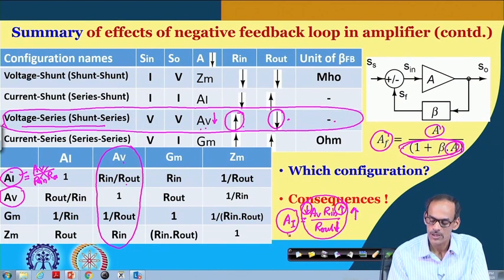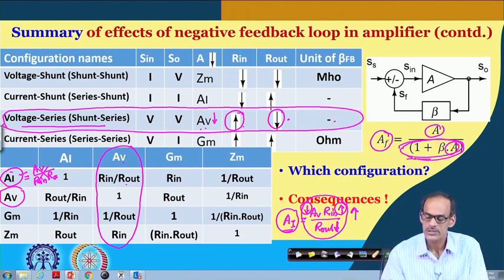So, before we make the feedback connection, whatever AI we have, that AI after making the feedback connection is increased by this desensitization factor.